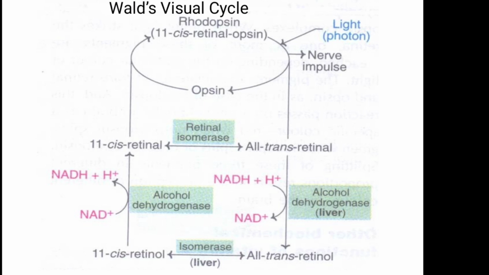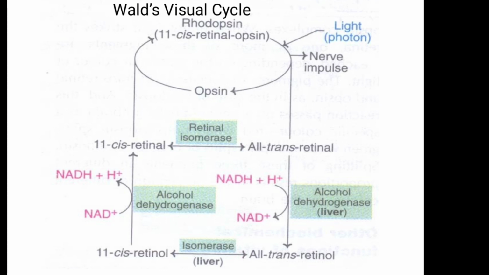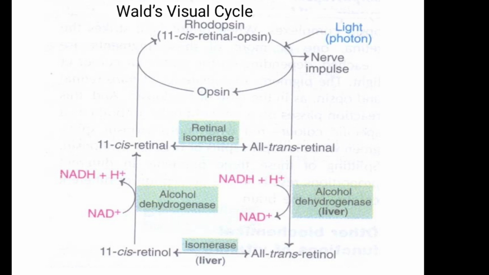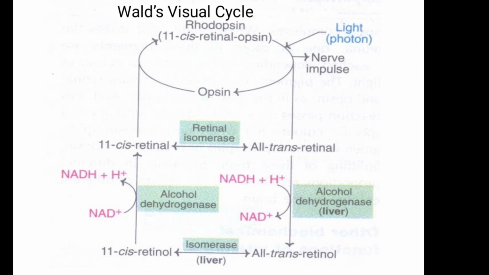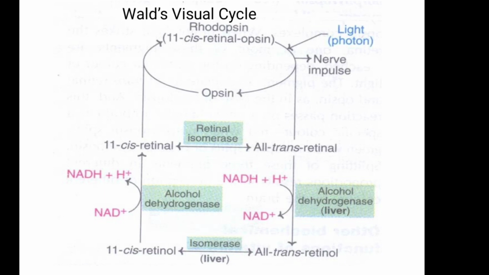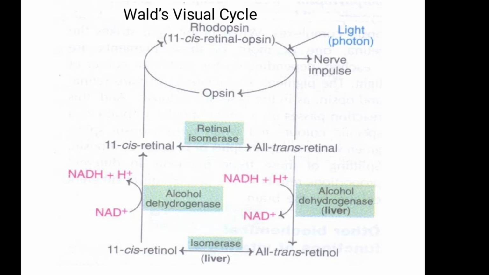All-trans retinol in the liver is converted to 11-cis retinol. All-trans and 11-cis retinol are both alcohols; they are isomers. So isomerase is the enzyme which converts all-trans retinol. We can see it in the last reaction down: all-trans retinol is converted to 11-cis retinol by isomerase enzyme in the liver.